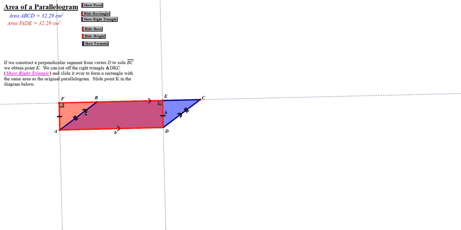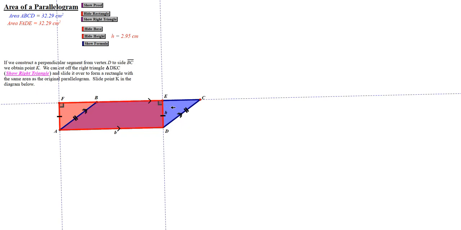So we want to basically decompose this. We want to show that we can take this, depending on which way you want to think of it, cut off this piece that sticks out on the parallelogram and slide it over here, turn it into a rectangle, or alternately, take this little piece off the rectangle, slide it over here, turn it into a parallelogram. Okay, so now how can we do this?